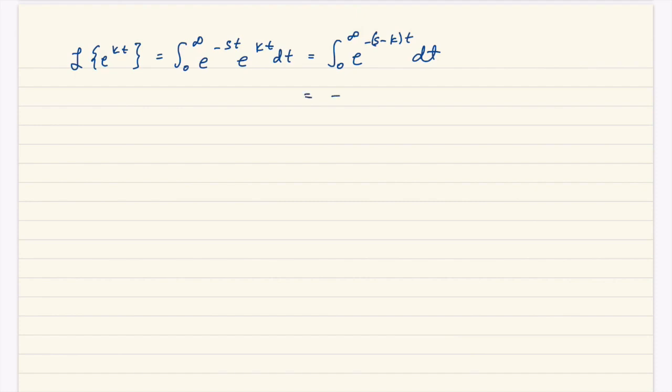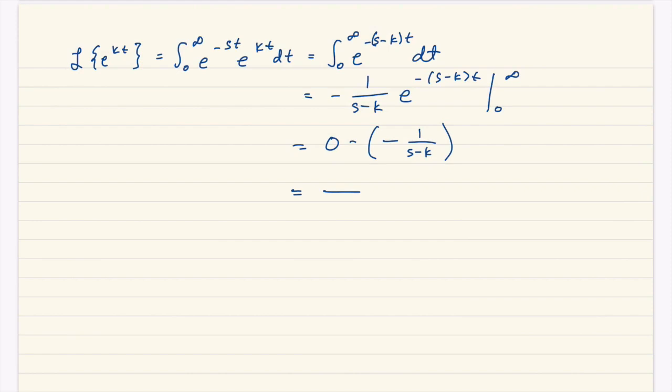So if we integrate this, we end up with negative 1 over s minus k times e to the negative s minus k t, evaluated from 0 to infinity. When t goes to infinity, this goes to 0, and when t is 0, we get negative 1 over s minus k.